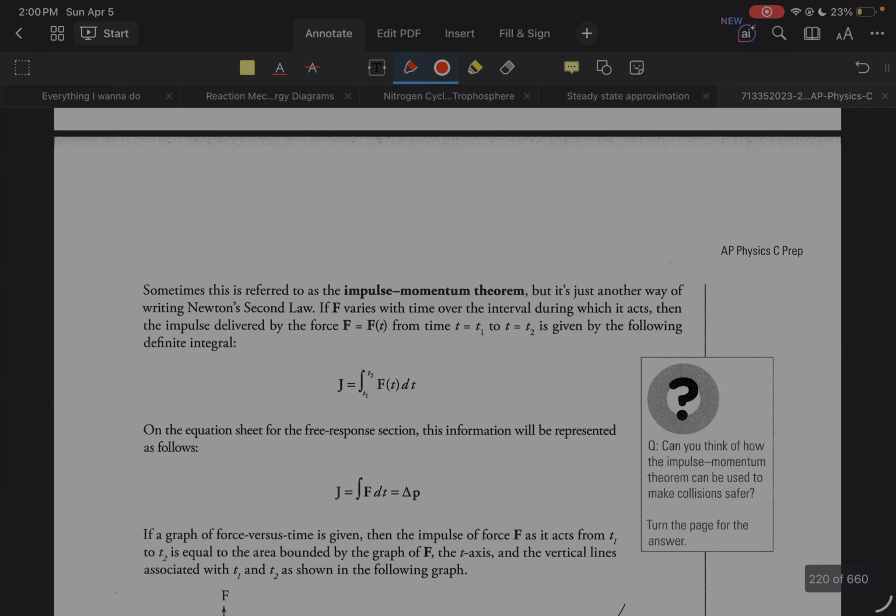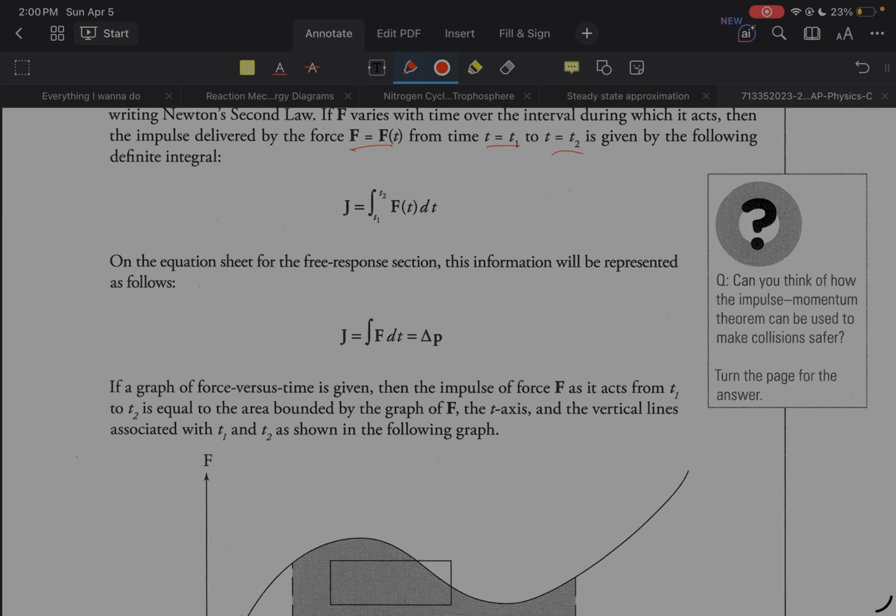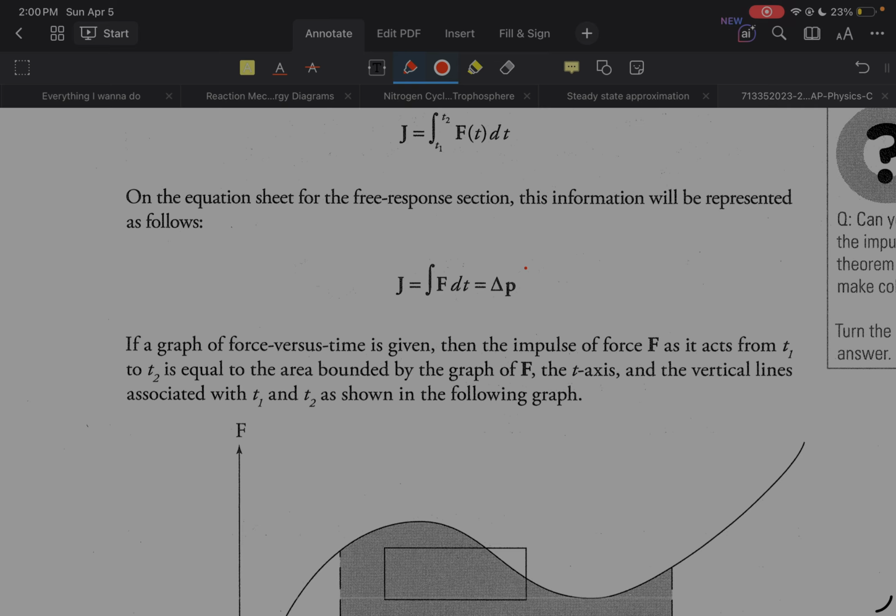So the impulse-momentum theorem is another way of writing Newton's second law. If F varies with time over the interval in which it acts, then the impulse is the integral of F dt from time 1 to time 2, and in the equation sheet it's given like this, which makes sense.